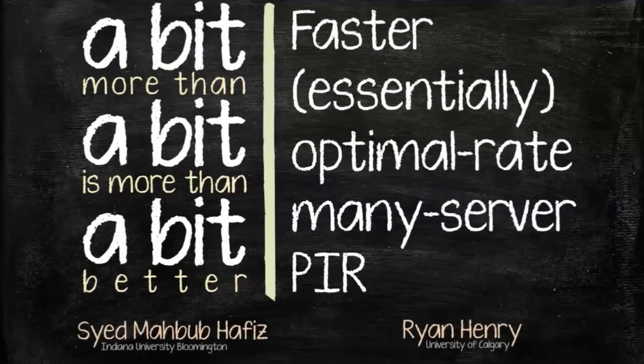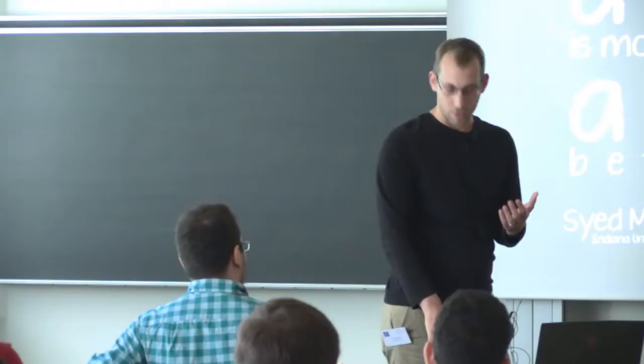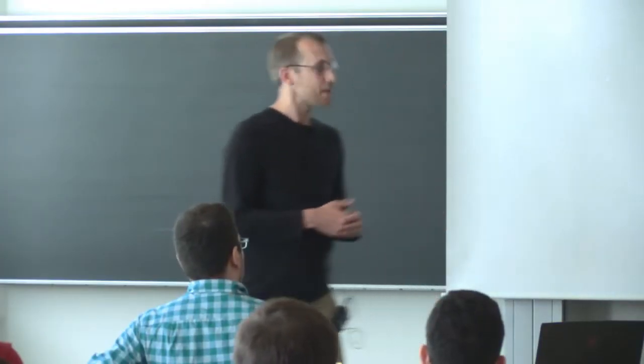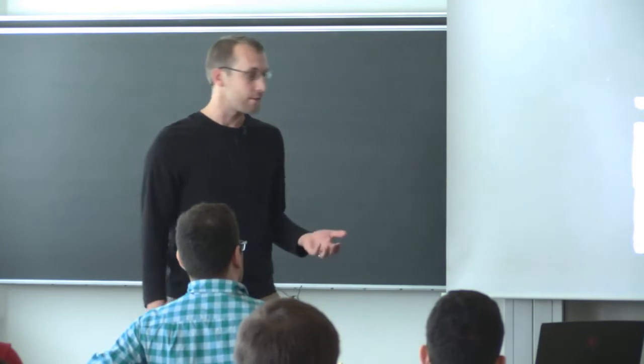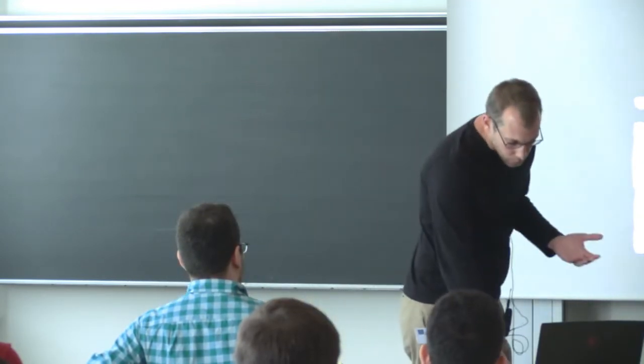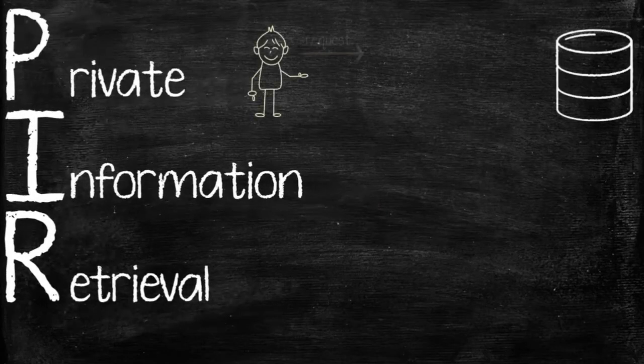Okay, so back here. What else do we have to look at in this title? I'm sure many of you know what PIR is, but we'll start there. PIR stands for Private Information Retrieval. This is a pretty fundamental cryptographic primitive. It allows a user to send a request to a database.